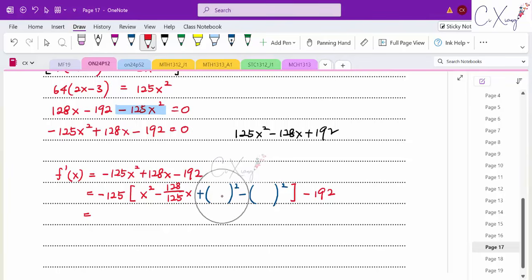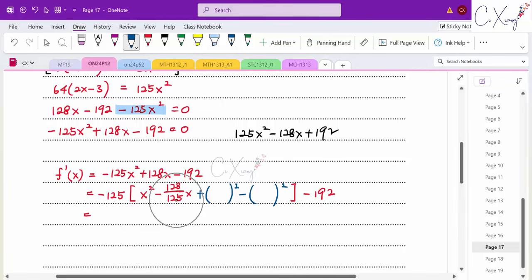So it's plus something square and minus something square that I should fill in here. It will be b, which is this one, negative 128 divided by 125. So I have to divide it by 2, and you're having negative 64 over 125. So plus negative 64 over 125 squared, and also minus negative 64 over 125 squared.